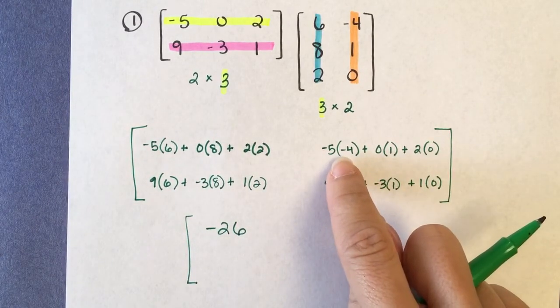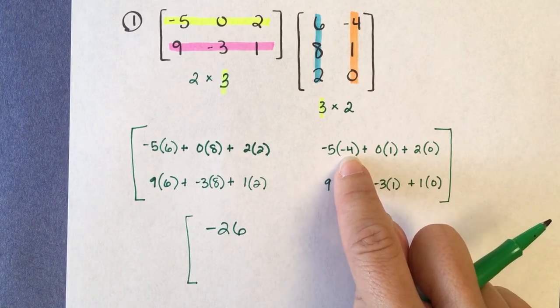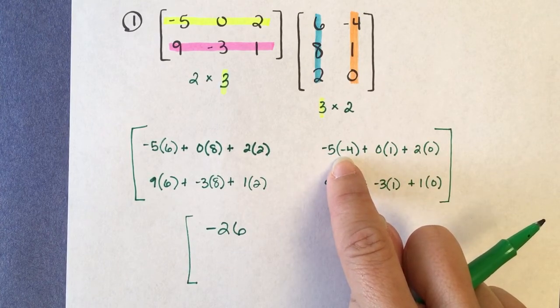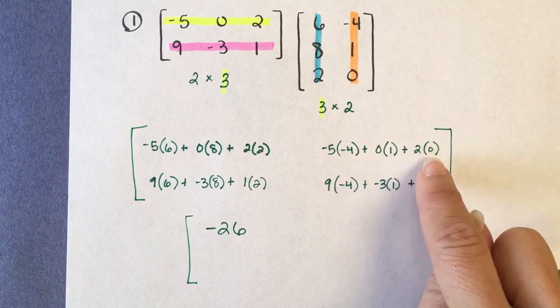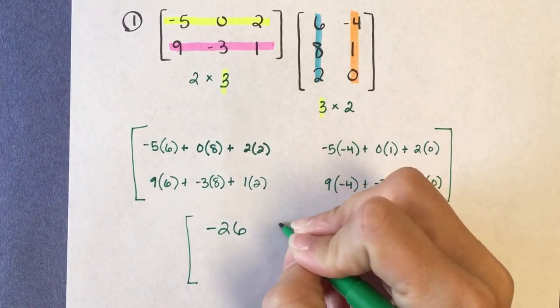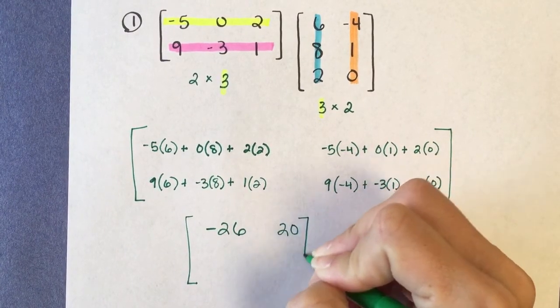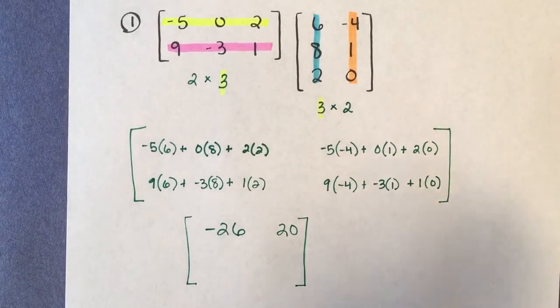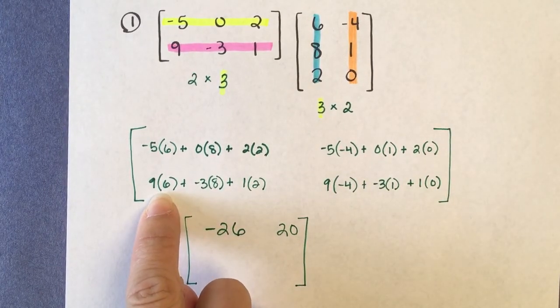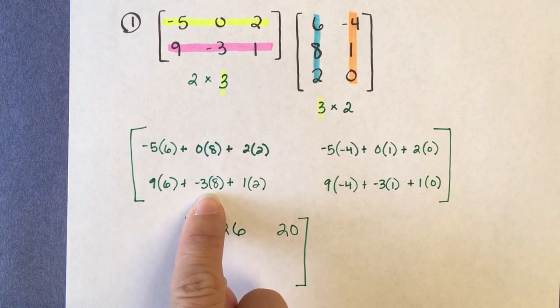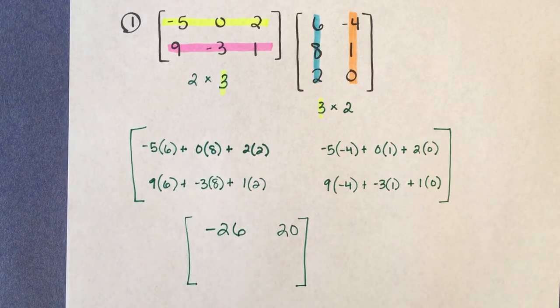Okay, then here, negative 5 times negative 4, so that would be positive 20, plus 0, plus 0. You can use your calculator to help you out if you'd like. Okay, now here, I've got 54 plus, and that would be a negative 24, plus 2.